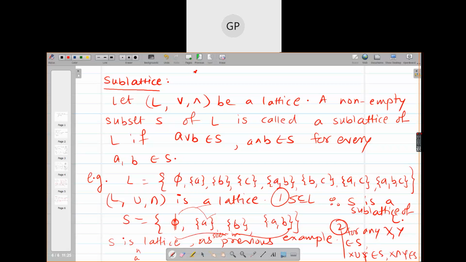We will just go through the properties and statements.